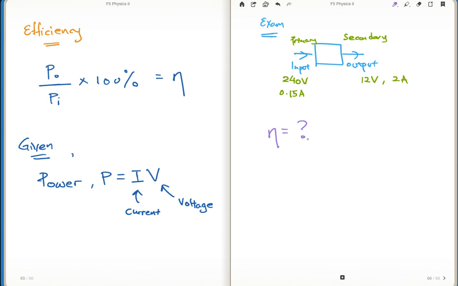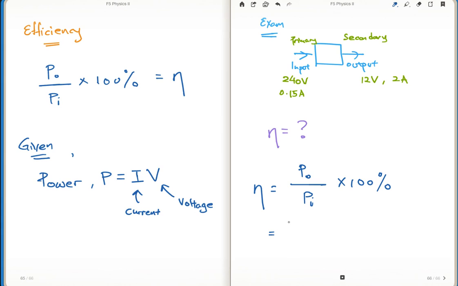Okay, so to calculate this kind of question, efficiency will always be the P output over P input times 100%. So for this case, this is where you have your output, IV.